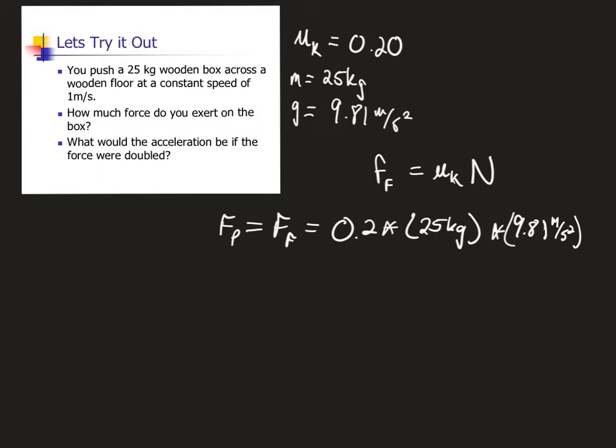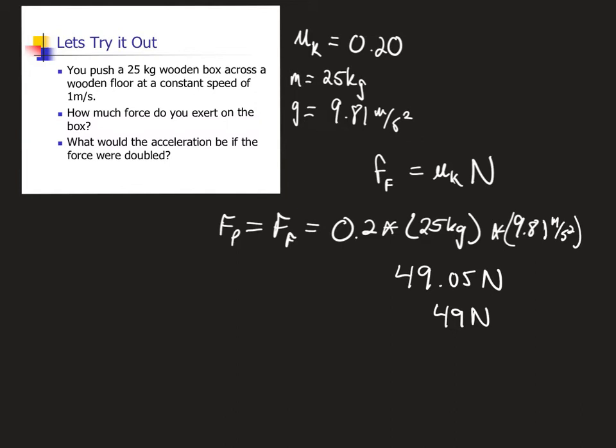So 0.2 times 25 kilograms times 9.81 meters per second squared, and we get an answer of 49.05 newtons, or roughly 49 newtons.